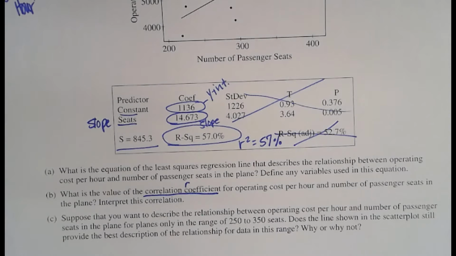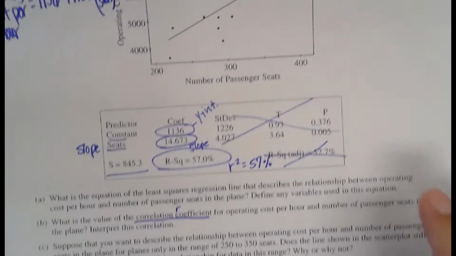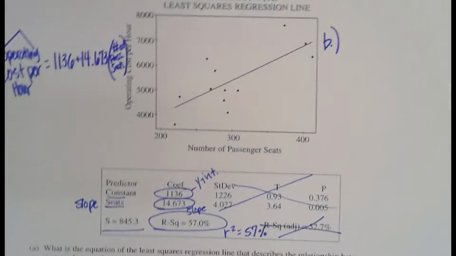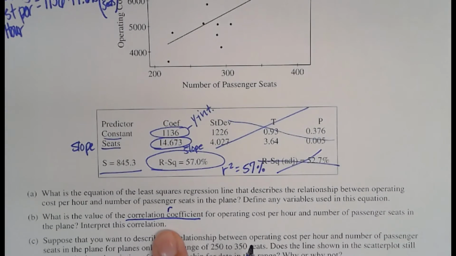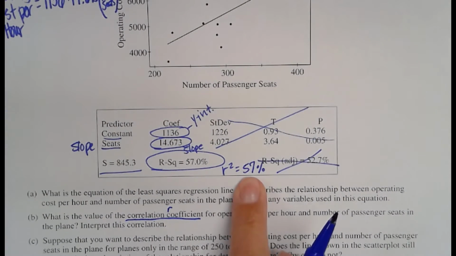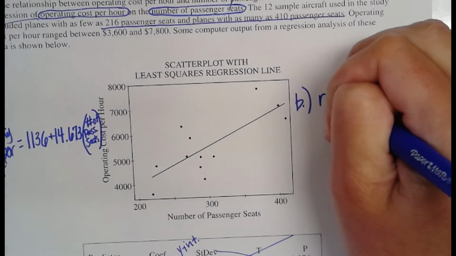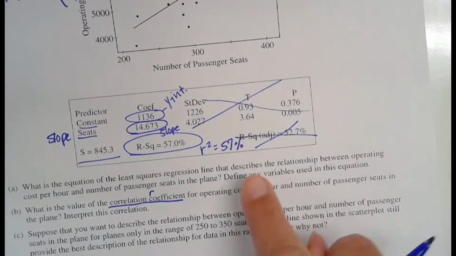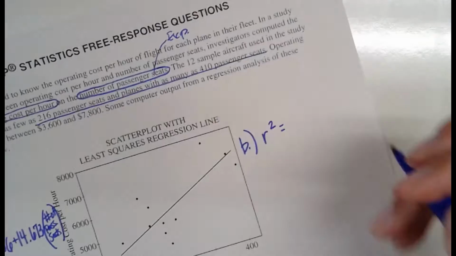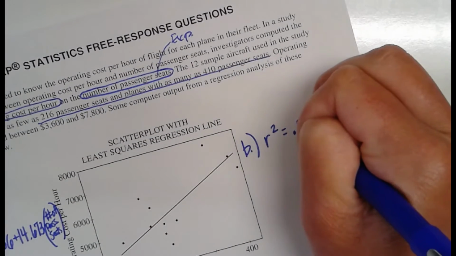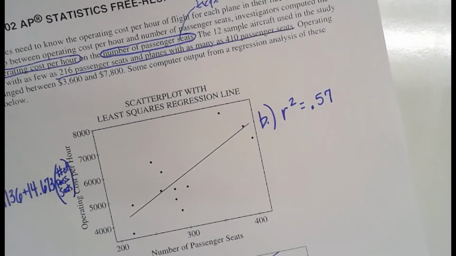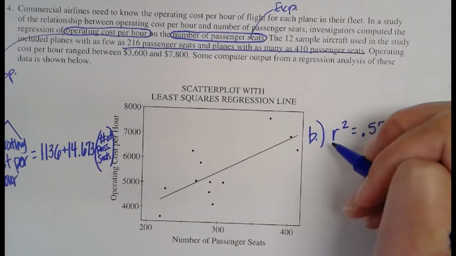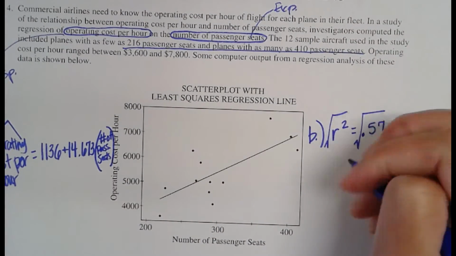So interpret the correlation. First let's talk about how we're going to get it. It doesn't tell you it's r; you have to know that it's r. I know that r squared is 57%. I can't take the square root of both sides if it's a percentage, so I have to write it as a decimal: 57% is 0.57. Then I take the square root of both sides.